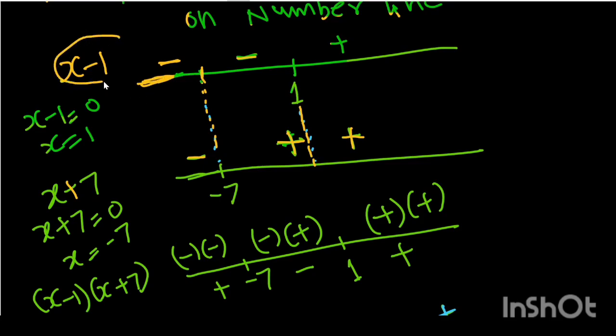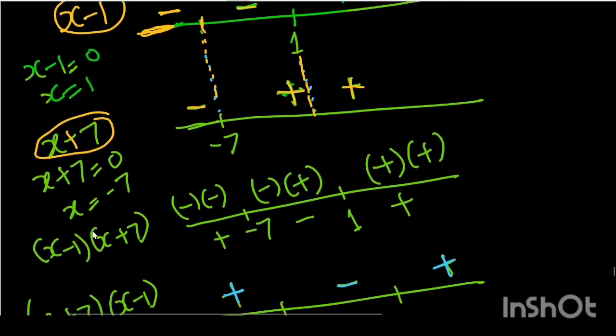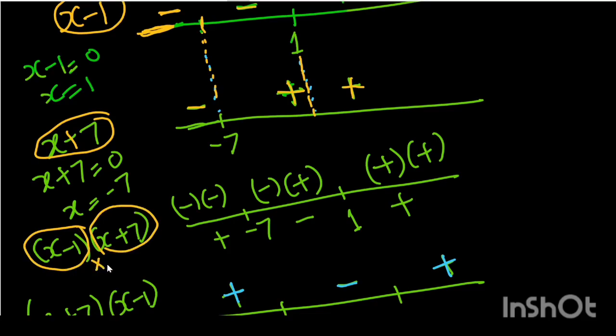So we plotted these two linear factors separately on the number line, and when you multiply both of them, what happened is the multiplication of the signs of the two linear factors.